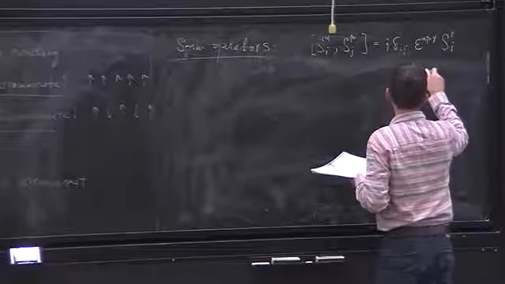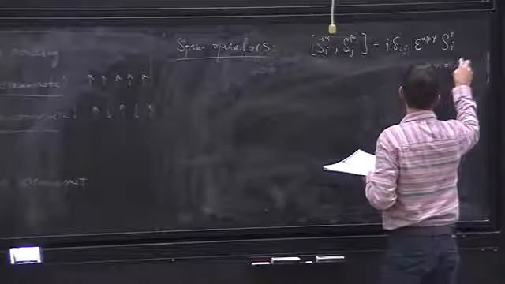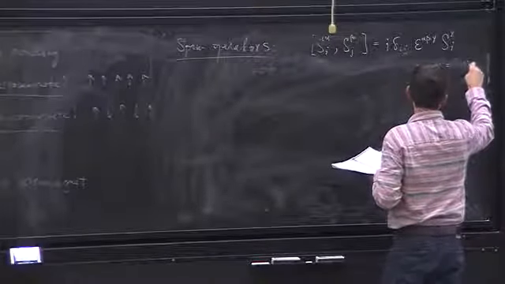Alpha, beta, gamma stand for the x, y, and z components, or 1, 2, or 3. This compactly expresses the fact that a commutator of two different spin components on the same site gives you i times the third component.